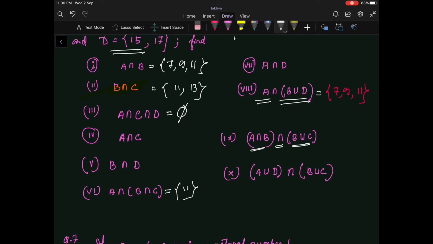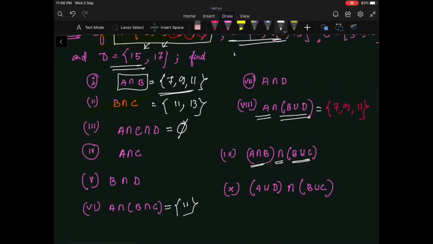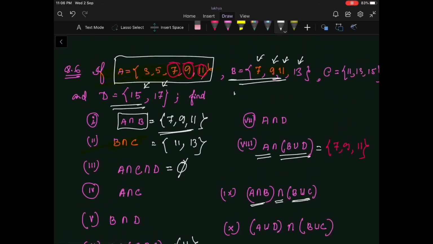Okay, so we have already got here A intersection B, so we will use this result here. Then let's find B union C from set B and C. How to find B union C? So let's find B union C first.